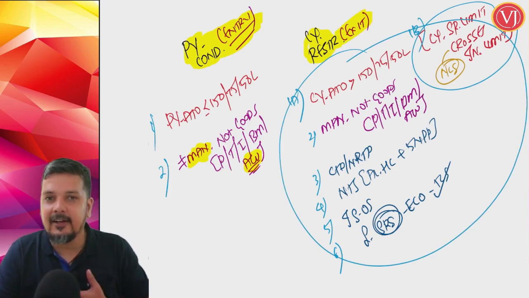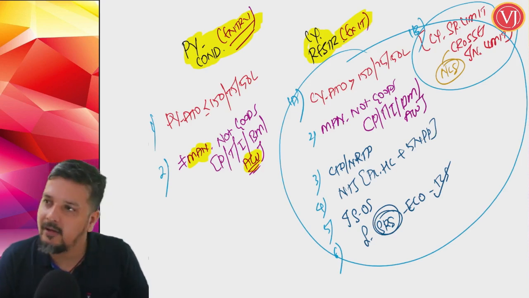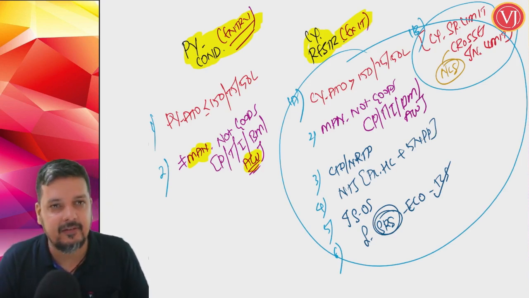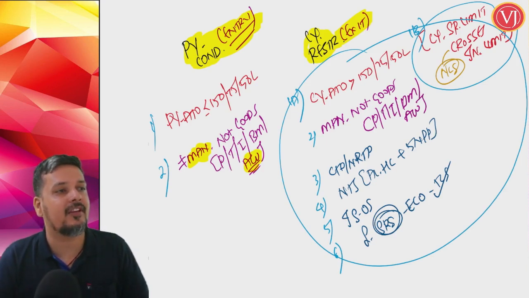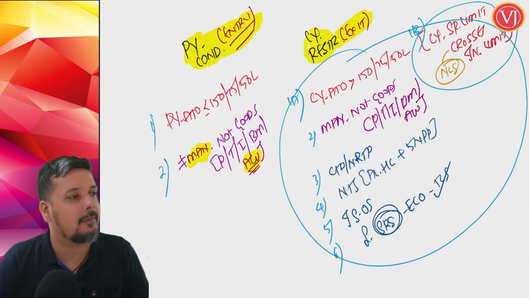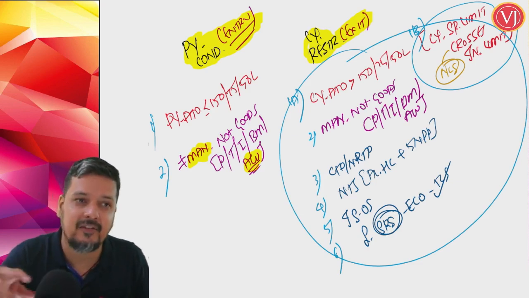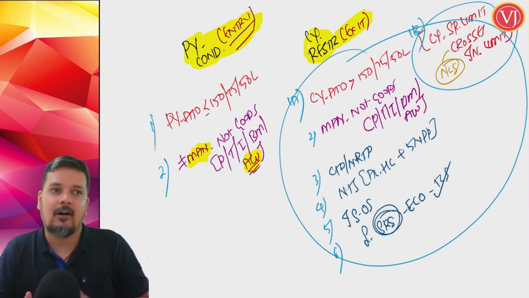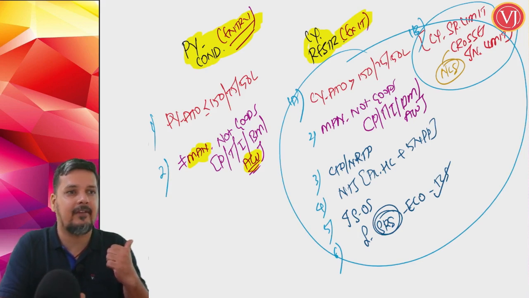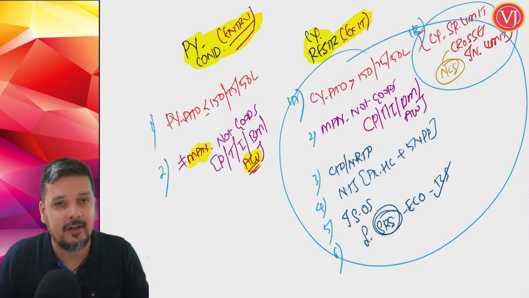So in current year, if you want to be inside composition scheme, your aggregate turnover should not cross 150 lakhs, 75 lakhs, 50 lakhs. Your service limit in normal composition scheme should not cross 5 lakhs of previous year state turnover, whichever is higher. You should not be manufacturing notified goods. You should not start manufacturing notified goods in current year; already you are not manufacturing notified goods in previous year, only then you are entering.